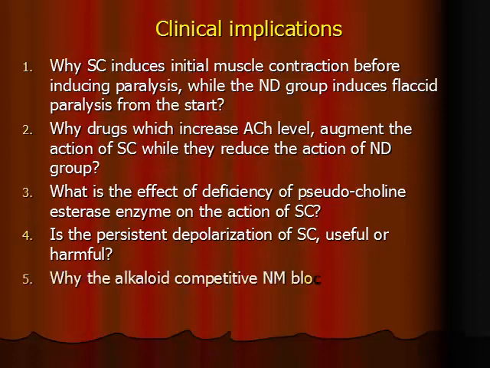Why can the alkaloid, competitive neuromuscular blockers, release histamine? The answer: the alkaloids are basic compounds, similar to the histamine. They compete with histamine and replace it in its binding granules. The released histamine can induce serious reactions, similar to the allergic reactions which are mediated by histamine.